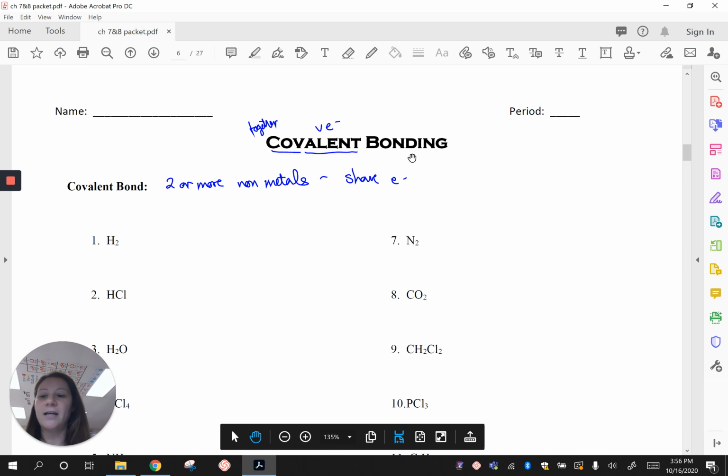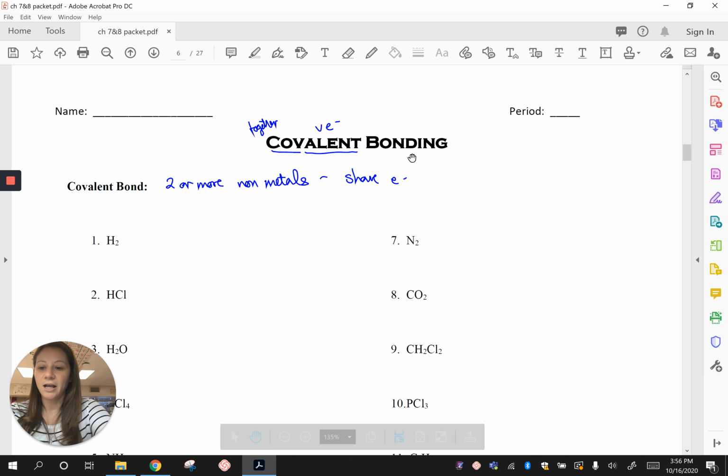So when we say that they try to achieve a noble gas configuration, if you look at the noble gases, most of them have 8 valence electrons, right? Their S's and their P's are filled with 8 valence electrons. So most atoms, when they share electrons, are trying to get to 8 electrons. We call that an octet because it's 8. Helium is an exception.